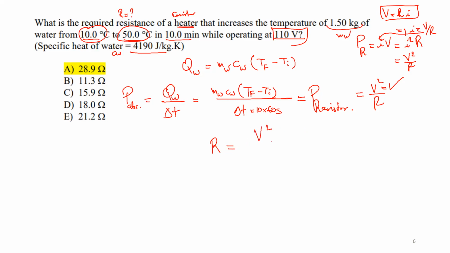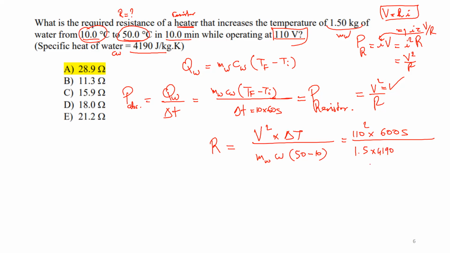Of course, R is just equal to V squared times delta T divided by mass water, C water, T final 50 minus T initial, which is 10. So you have 110 squared, delta T, which is 600 seconds, divided by mass water 1.5, C water is 4190, SI units.